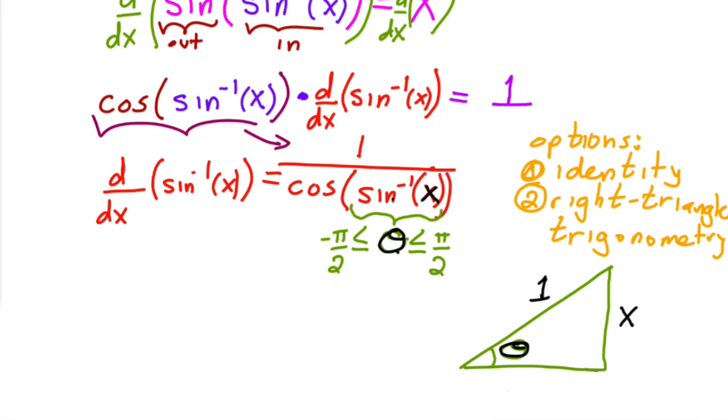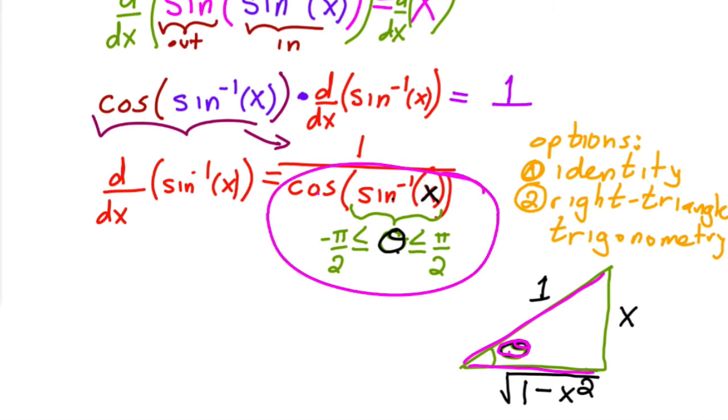Okay. That means that this side down here, by the Pythagorean theorem, is equal to the square root of 1 minus x squared. So then cosine of theta, cosine of this angle right here, which is adjacent over hypotenuse, is going to equal the square root of 1 minus x squared over 1.